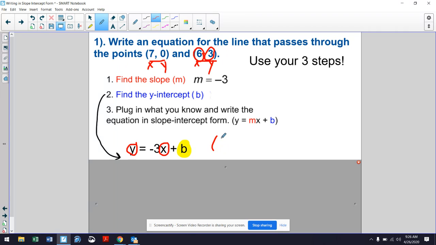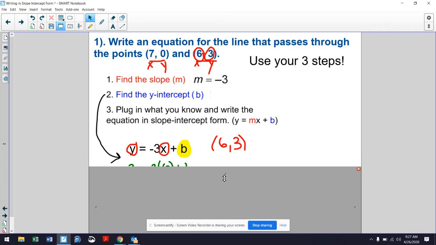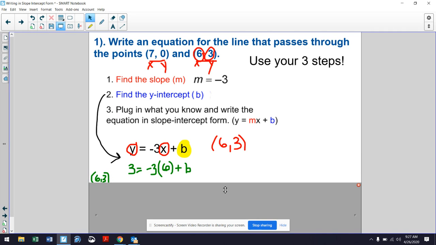I'm going to use that point, 6, 3. So I'm going to use x equals 6 and y equals 3 and figure out what I get for b. So if I substitute that in, I have to remember that my y is over here, so don't make the mistake of putting the 6 here and the 3 here for x just because of order. So I'm substituting that in.